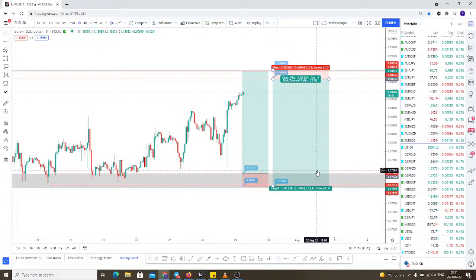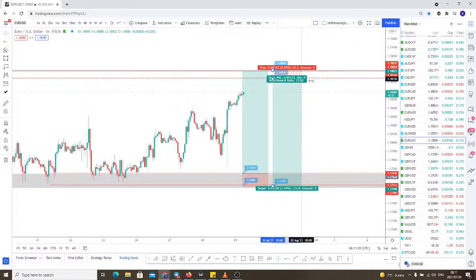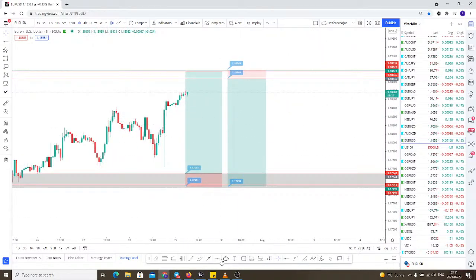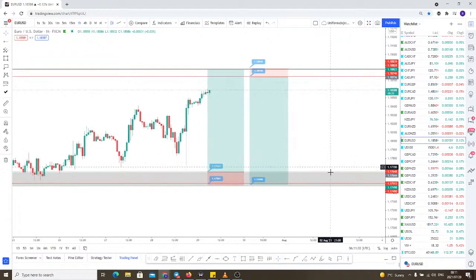So we're always trading from the bigger time frame, using the lower time frame to find precise entry points. There we go, so that's how the Euro USD would look.